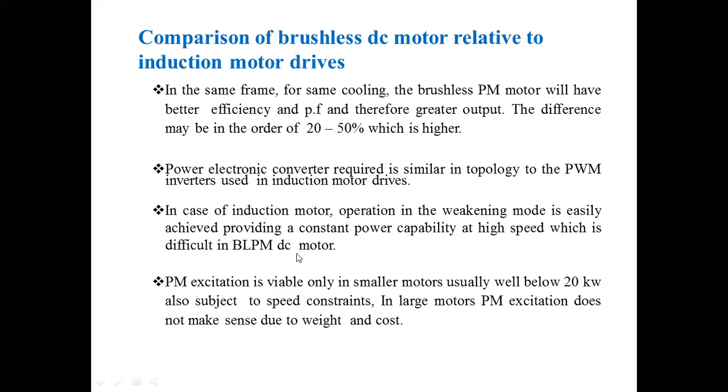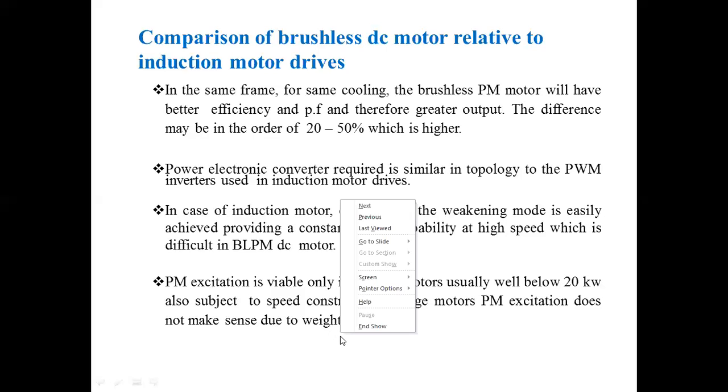Next one, permanent magnet excitation is viable only in small motors, usually well below 20 kilowatts, and is also subject to speed constraints. In large motors, permanent magnet excitation does not make sense due to weight and cost. Always we have to understand this point: permanent magnets are applicable only for a limited kilowatt rating.